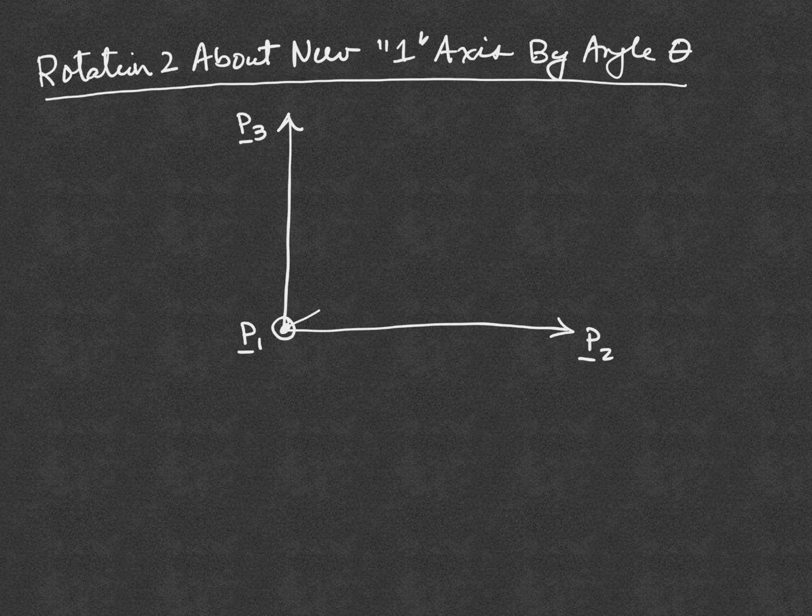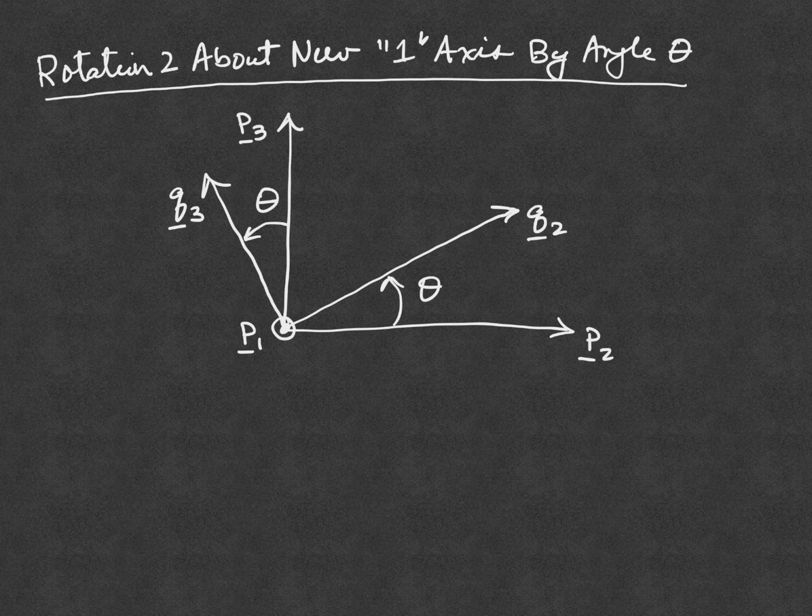So if I rotate by the angle theta, that results in this new basis, which is Q1, Q2, Q3. But since I'm rotating about P1, the basis vectors that actually change their orientations are Q2 and Q3, while Q1 is the same thing as P1.